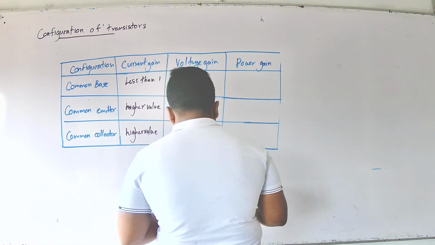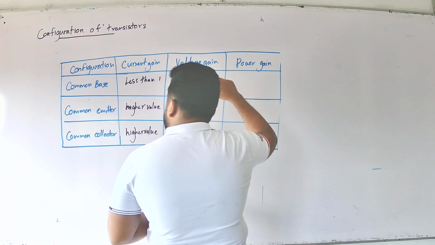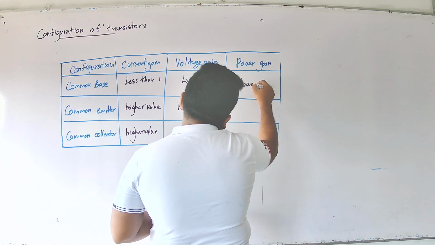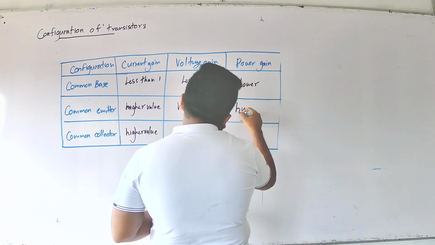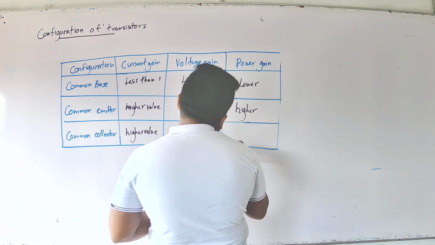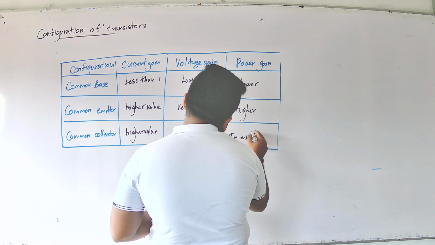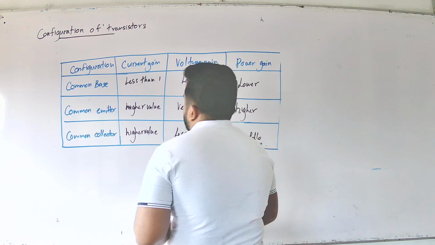Power gain එක ගත්තොත් එහෙම, the power gain here is low. මේක ඇවිල්ලා higher value. Is there a middle range? Right.